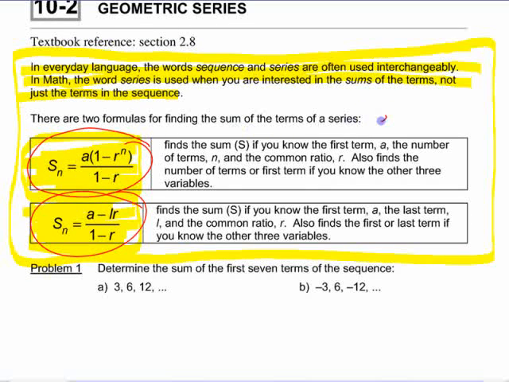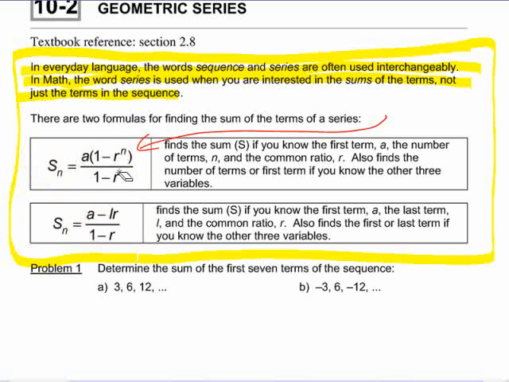I don't think we have much to gain by seeing where these come from at this point, because what it does is it gets you to the point of saying, I don't get any of that stuff you were talking about geometric series. All that S_n, a, r, n, I was totally lost. For now, what we're going to say is, here's a couple of formulas.